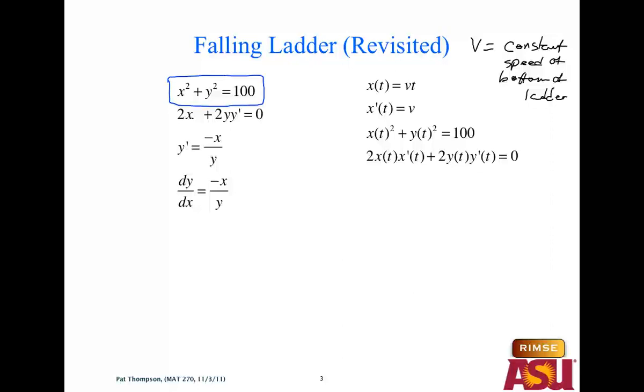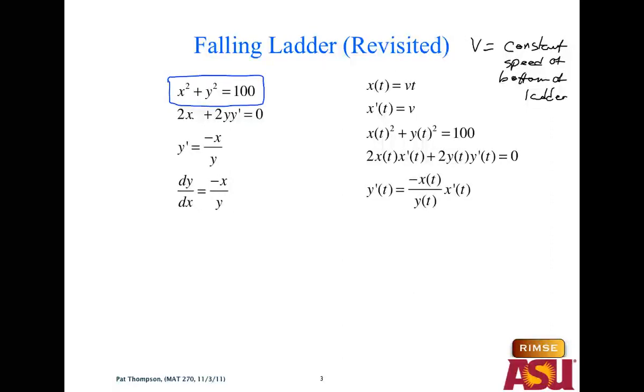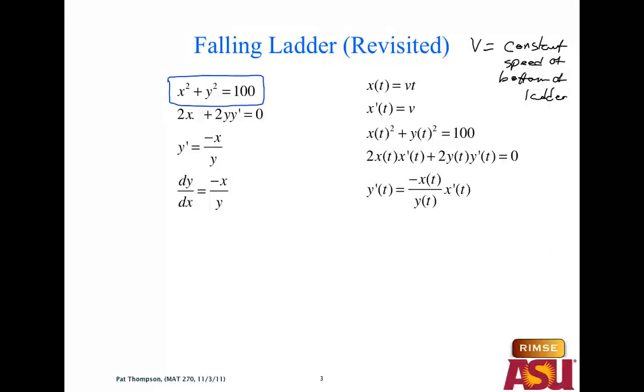So we get this situation. What we have here now is an equation that has two rates in it, not just the rate of change of y with respect to x, but this equation brings together a relationship of two rates. How x is changing with respect to time, and how y is changing with respect to time.